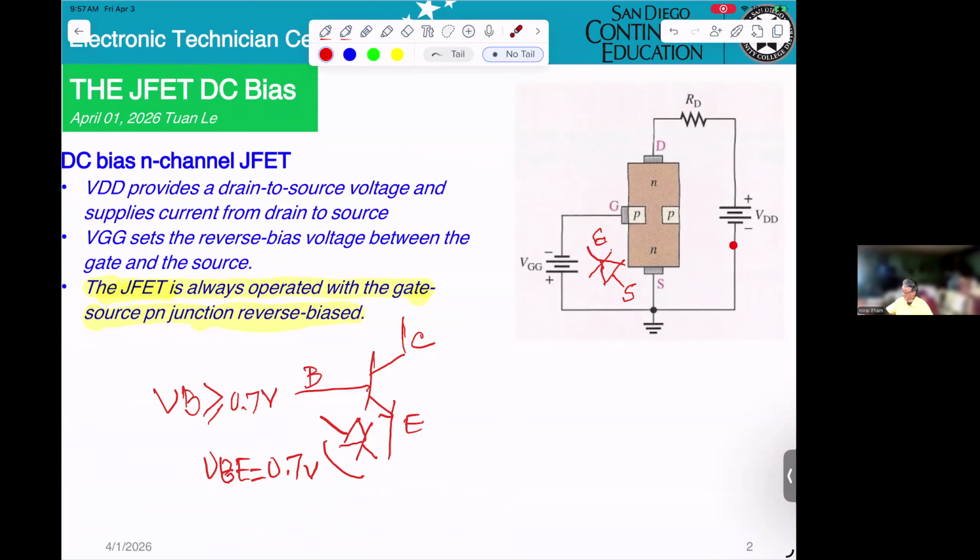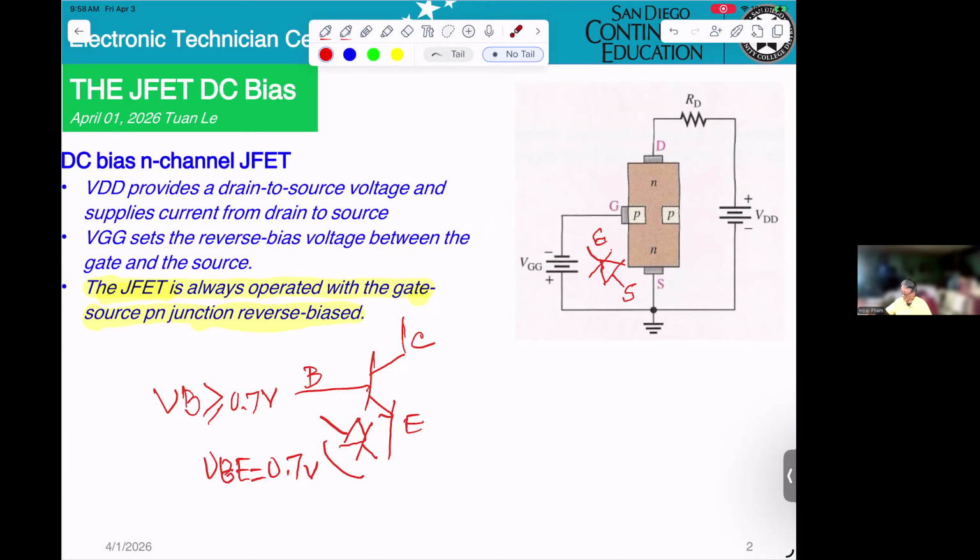Okay, this is VDD. And VGG sets the reverse bias voltage between the gate and the source.